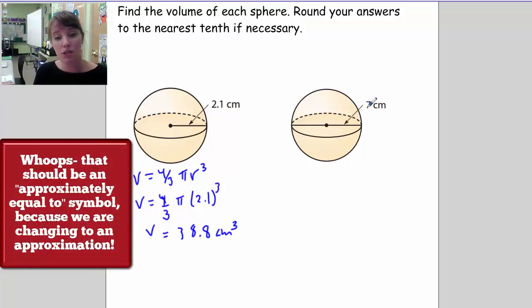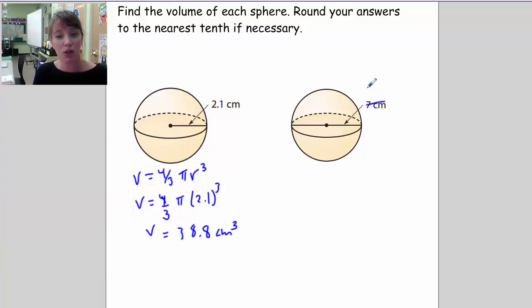Okay, and just like this one, we are not going to look at the diameter. We want to make sure that we're not fooled by that. We're looking for the radius. So we have volume is equal to 4/3 pi times 3.5 cubed. Okay, and if they ask for it in terms of pi, what you do is you multiply the numbers all together and leave pi.